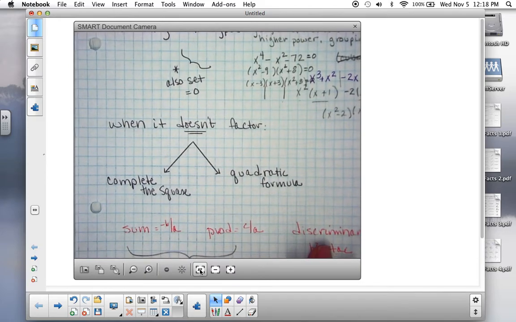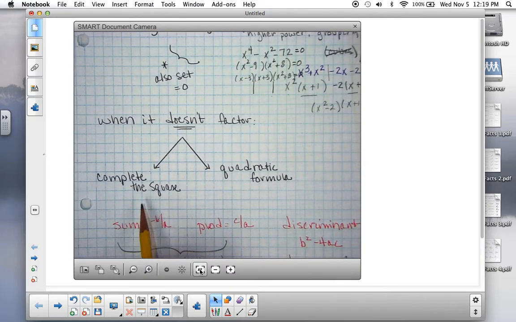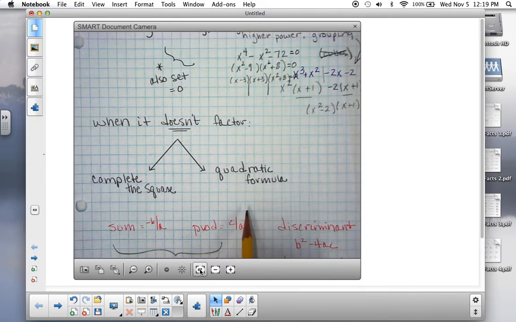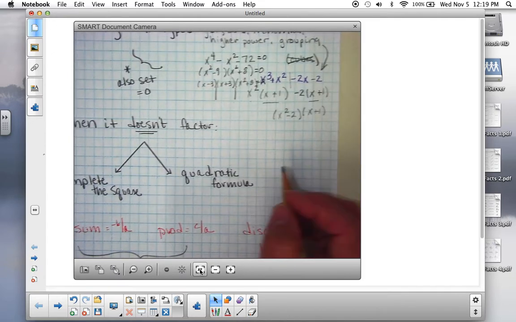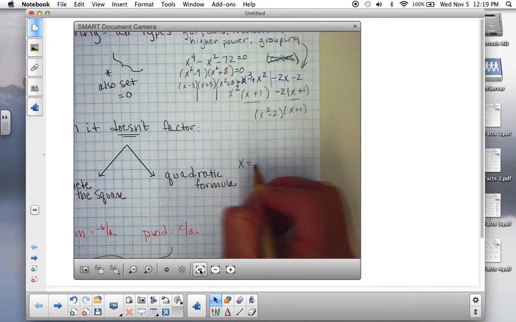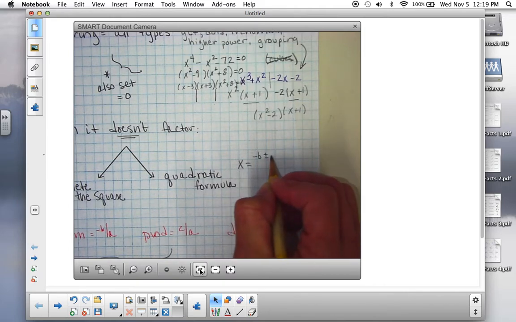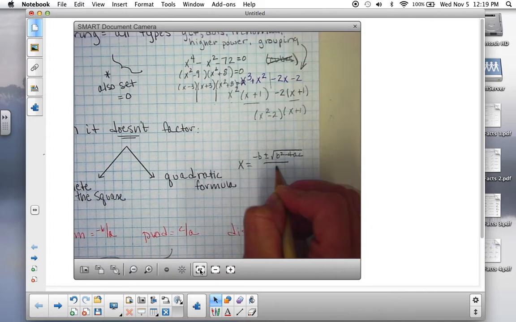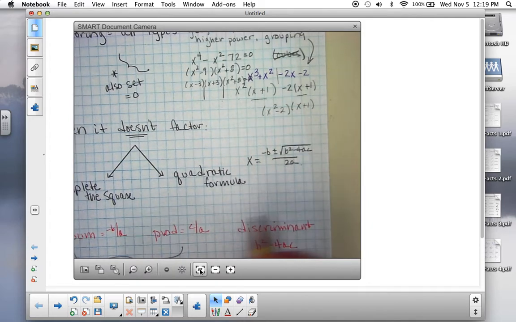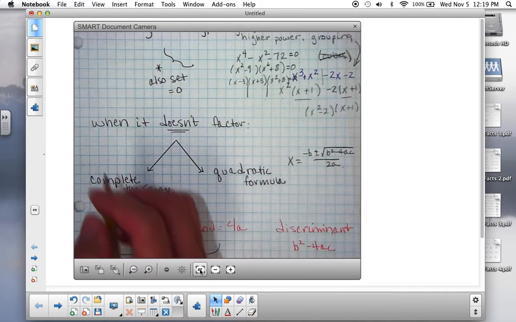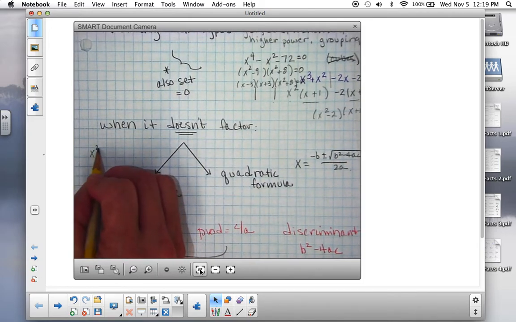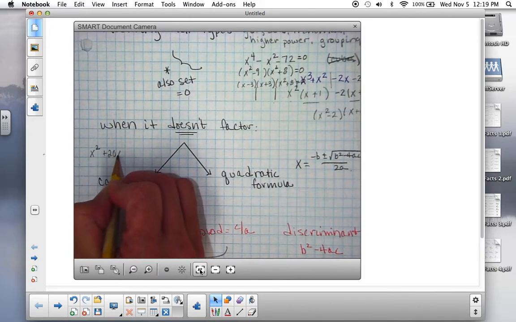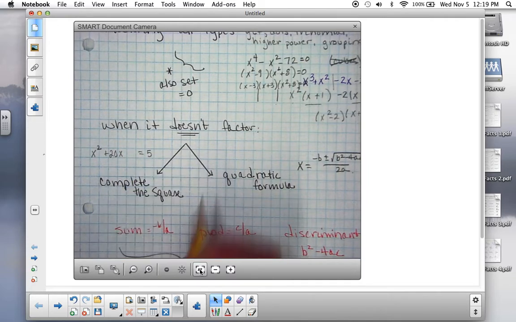If the quadratic does not factor, you have two options: complete the square or the quadratic formula. Quadratic formula is the one that has the Pop Goes the Weasel song. X is equal to negative b plus or minus the square root of b squared minus 4ac, all over 2a. Gotta know that. Complete the square is the one where you move over the constant term. Let's say it was a 5 or something.